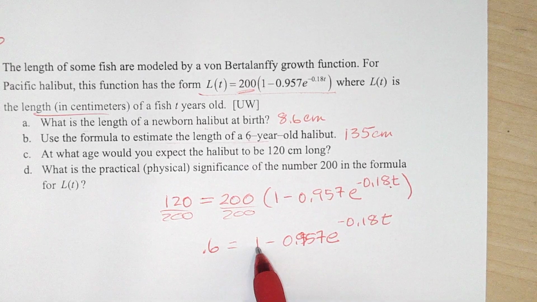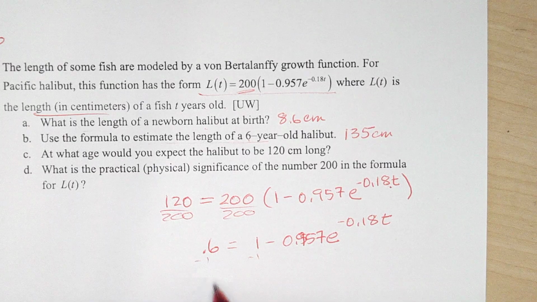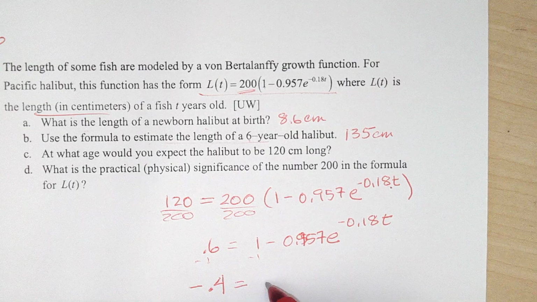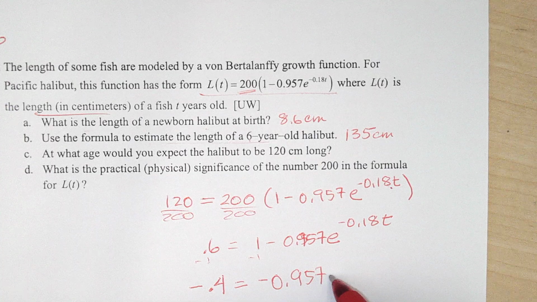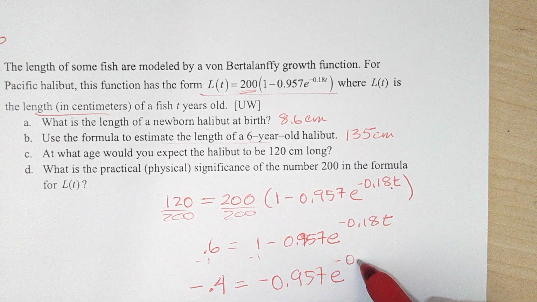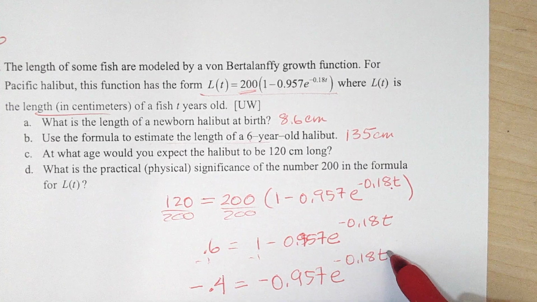So I'll subtract 1 from both sides. So 1 minus 1 plus 0.6 is minus 0.4 equals minus 0.957 e to the negative 0.18 t.